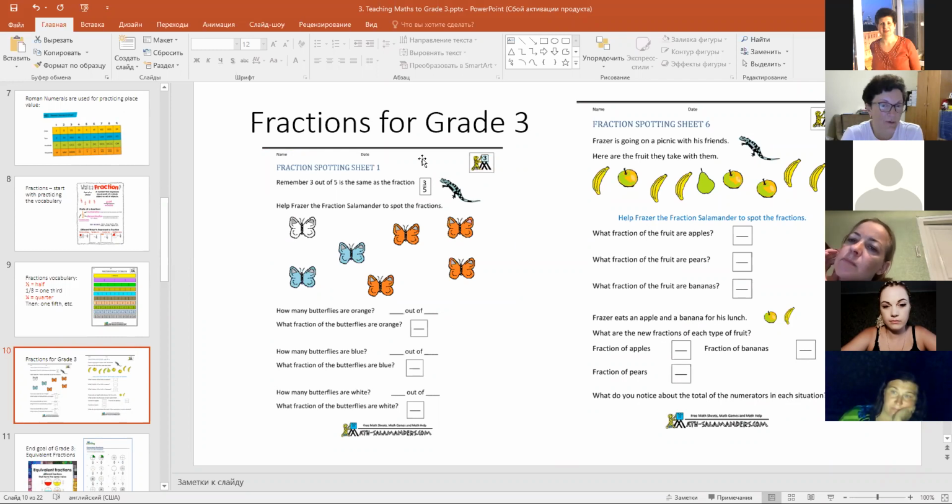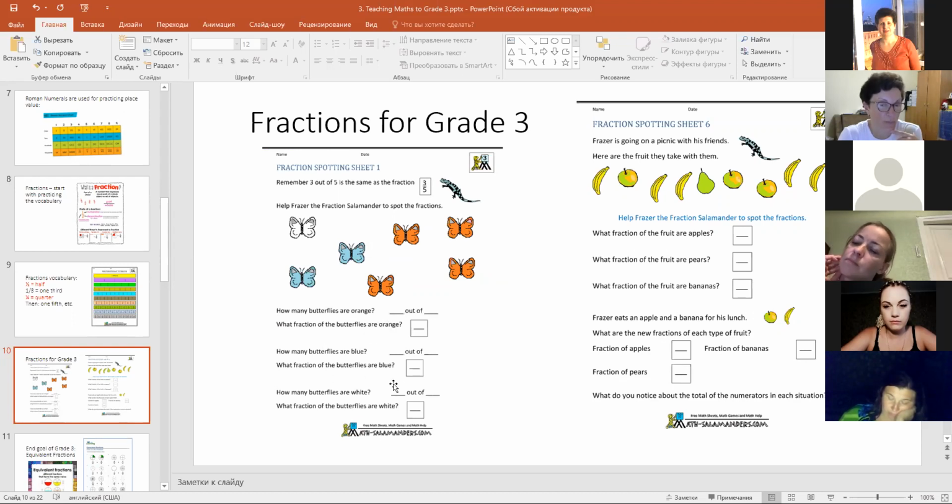there is a number of butterflies, and we will ask, for example, how many butterflies are orange? 4 out of 7, and it brings us to the idea that this is 4/7. Yeah?